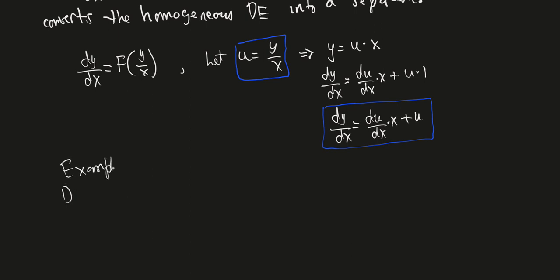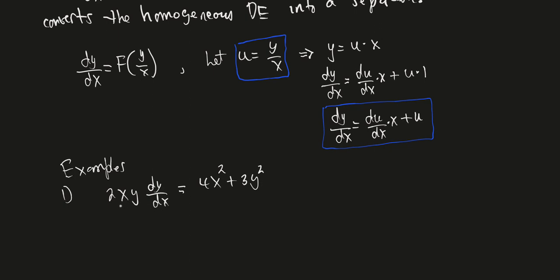We'll see, maybe we'll get a couple examples in. So let's say I have 2xy times dy/dx is equal to 4x squared plus 3y squared. Well, let's do that trick that we did previously.